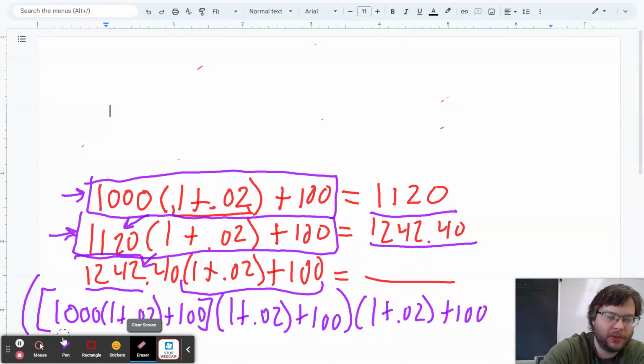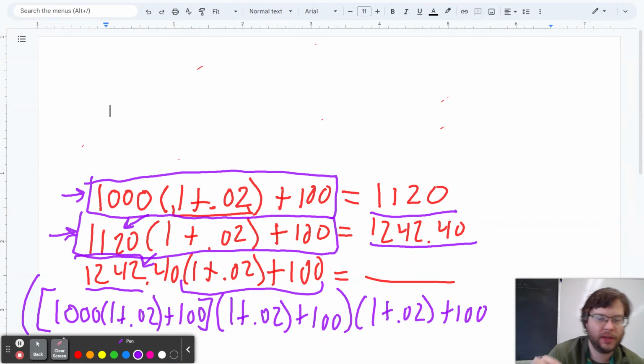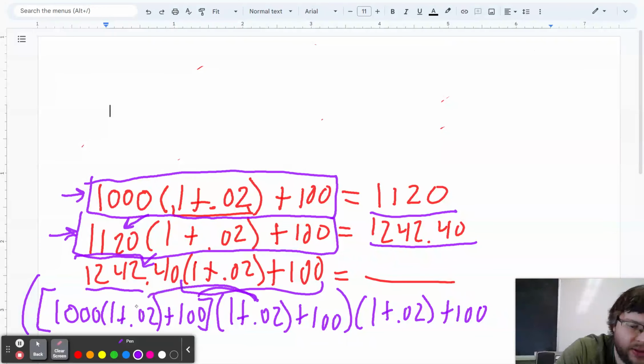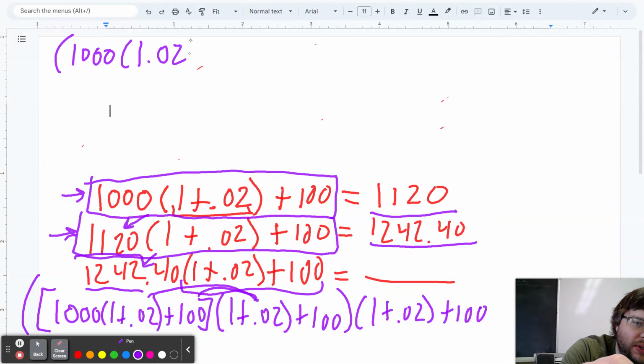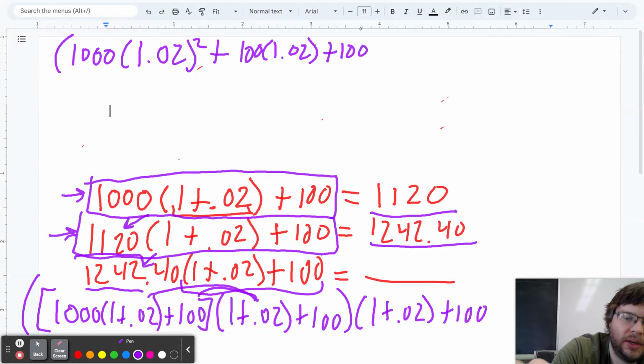And that's what I'm doing when I'm distributing. So I'm going to distribute the 1.02 here, 1.02 there. And so that's going to give me 1,000 times 1.02 squared plus 100 times 1.02 plus 100.